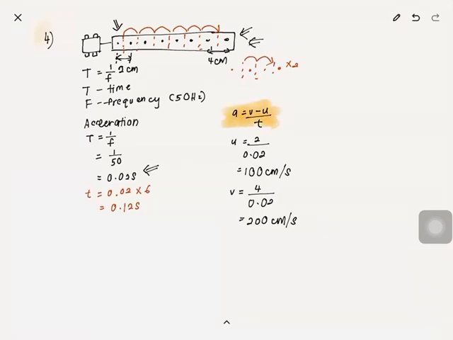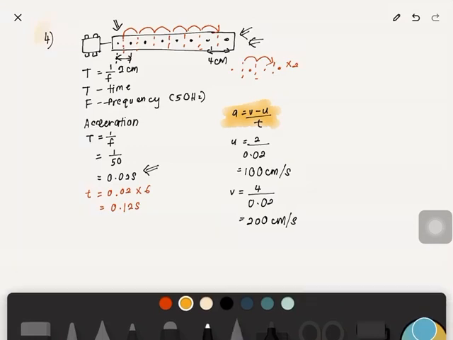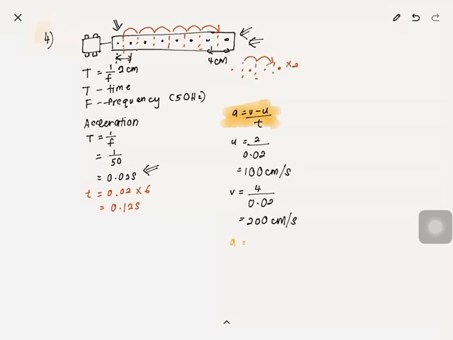So now you can sub all this into your formula for acceleration, which is a equals v minus u over t. So a equals v, which is 200, minus u, 100, over t, which is 0.12.